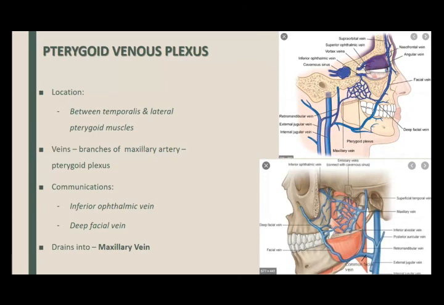So indirectly, the pterygoid venous plexus is connected to the cavernous sinus. Besides that, एक direct communication भी है. The pterygoid venous plexus is directly connected to the cavernous sinus through an emissary foramen, emissary veins के through. ठीक है? So एक direct connection भी है.